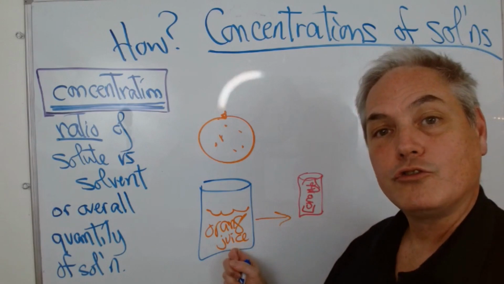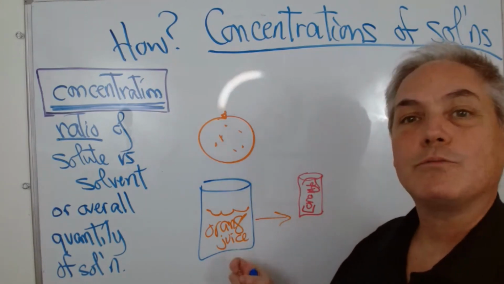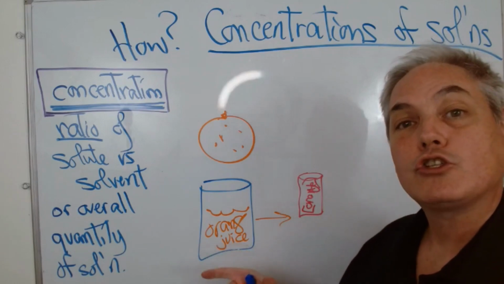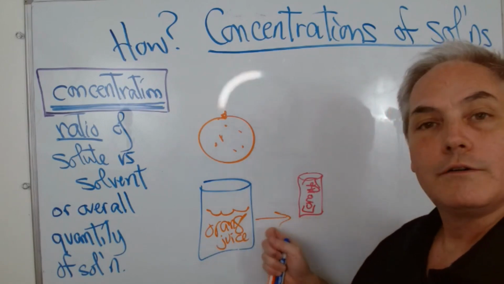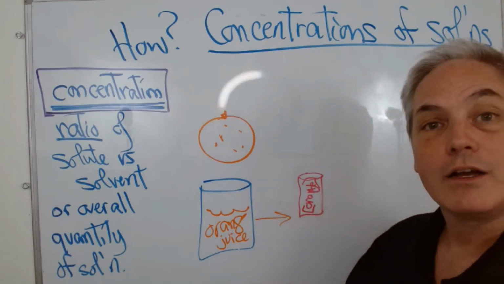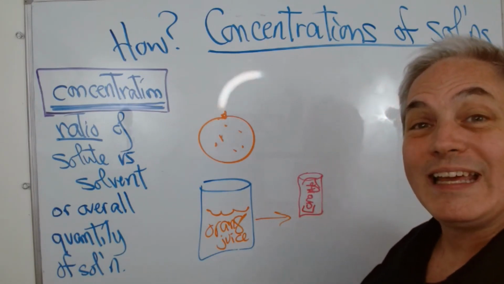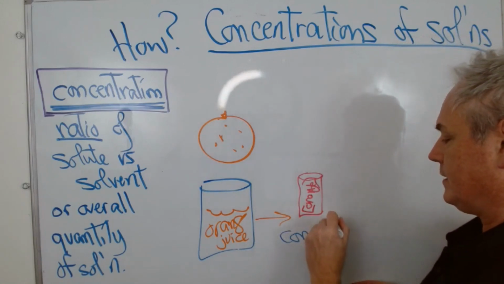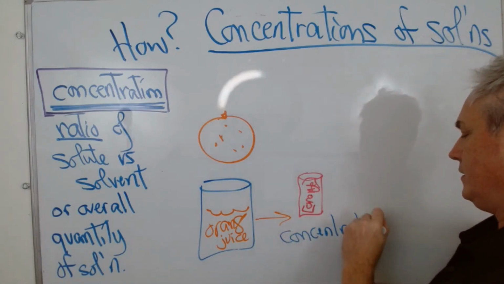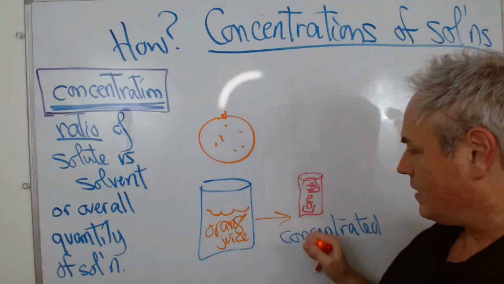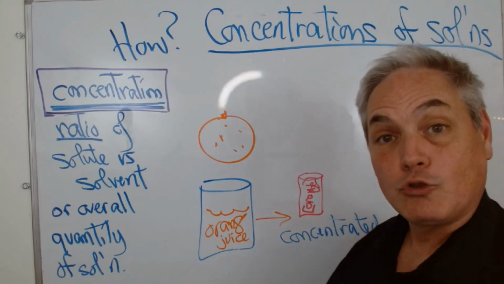We have the original juice and most of the time we evaporate it so that we have a smaller volume of the same juice. So we have here some orange juice, but it is concentrated.